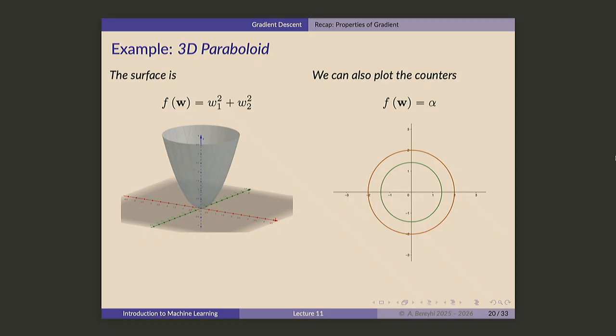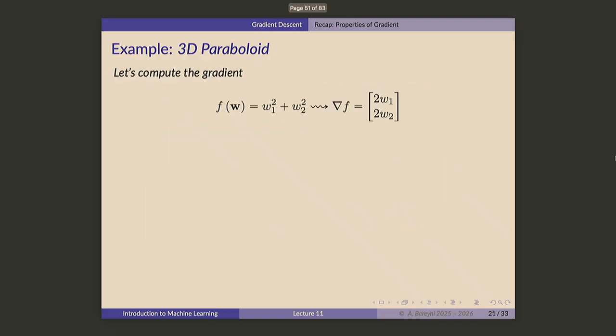I set the function to be alpha, I cut it at alpha. That is going to be the contour, the circles. Now, what is the gradient direction? What is the gradient of this function if I compute it? It's 2W1, 2W2: the partial derivative with respect to W1, partial derivative with respect to W2, right? Everybody's cool? Yes?